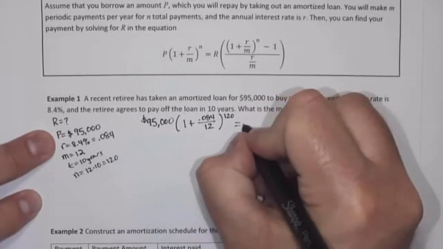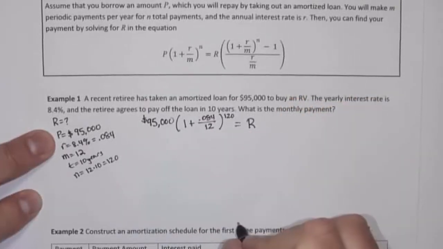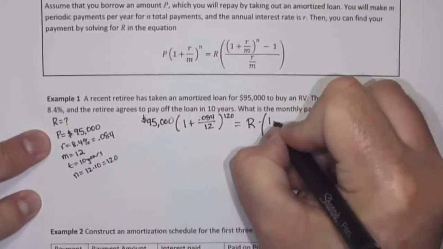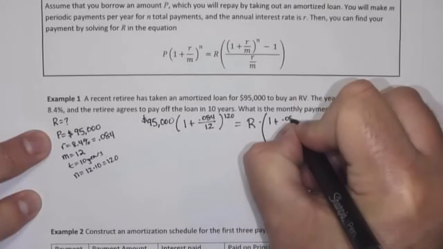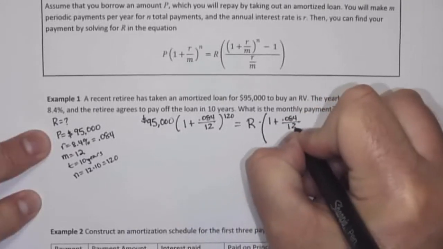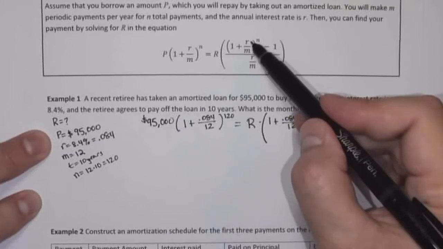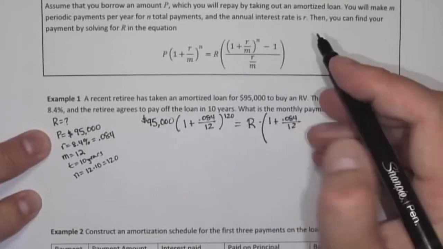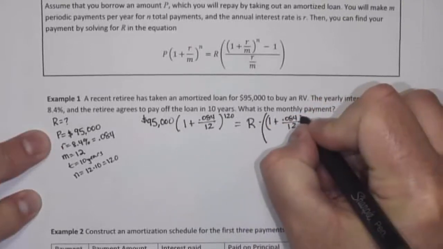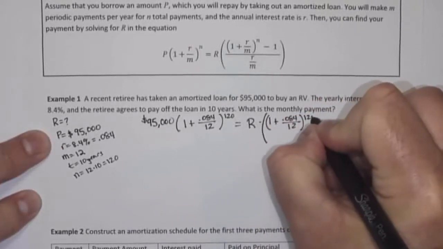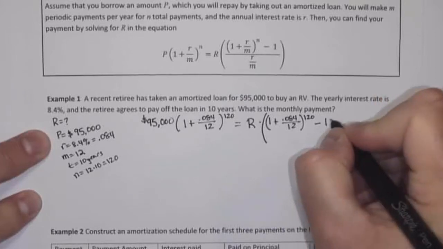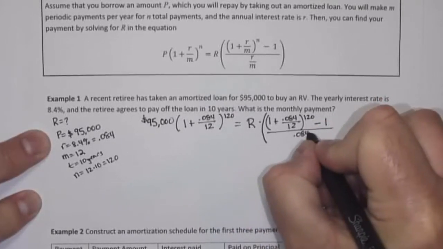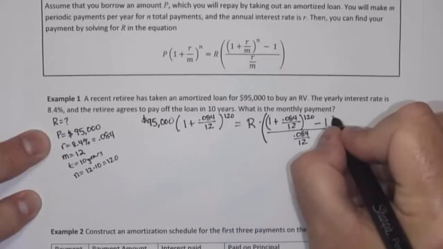That is going to equal R, which we need to figure out, times ((1 plus 0.084 divided by 12, again filling in my percent in decimal form, divided by 12 because we're compounding monthly) raised to the 120th power, minus 1) over 0.084 divided by 12.